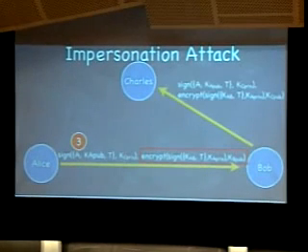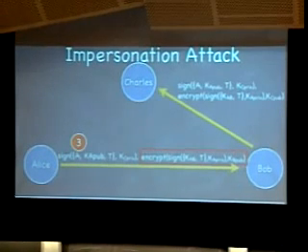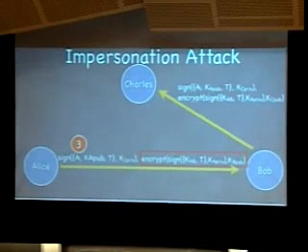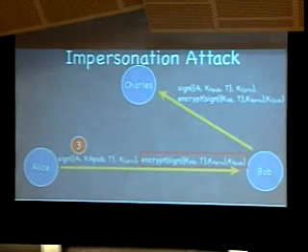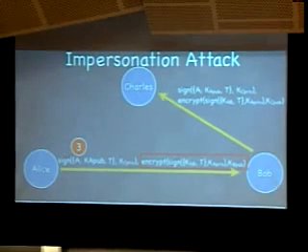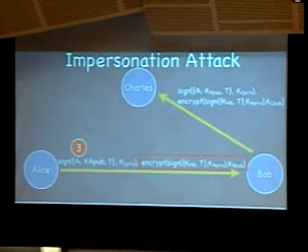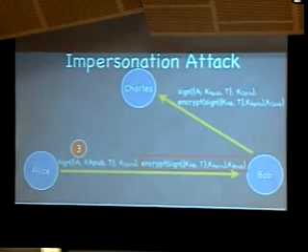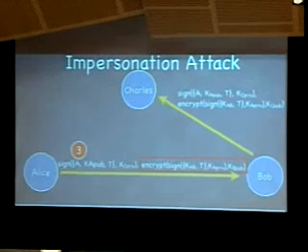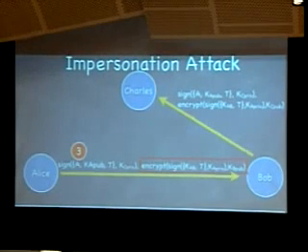Suppose Bob sends a message to Charles, and in this message, he says, I'm Alice, and I would like to set up a conversation with you, and here is my public key, and here's some information that I've signed using my private key that is a key that I would like to use for our conversation. Now Charles sees this and says, oh yes, Alice signed this with her private key.